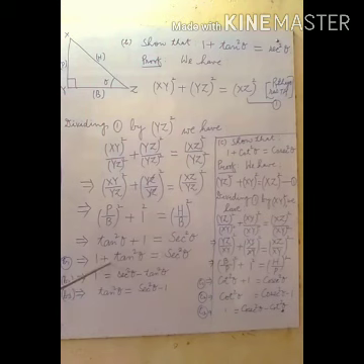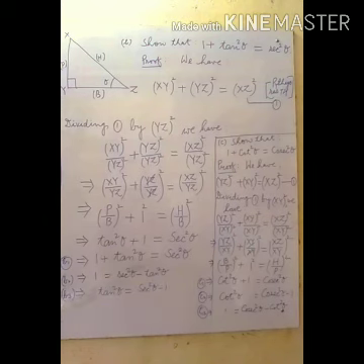Now on the basis of the second one, we can draw two more results. How? By transposing. See, 1 will be noted down here. Now tan square theta will be shifted to the right hand side. We are going to transpose. While transposing, the operation will be changed.